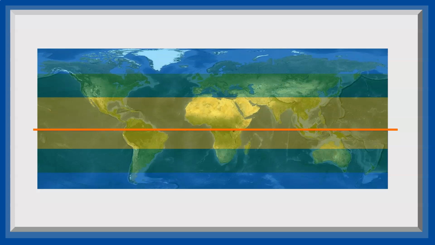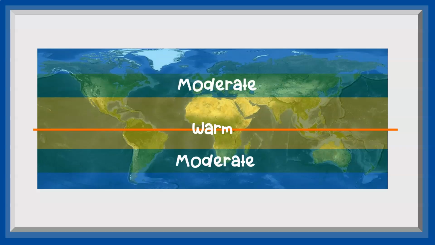This is a picture of the Earth. The orange line is the equator. The yellow area of the Earth is always warm. This is because it's closest to the equator. The green shaded area is moderate.